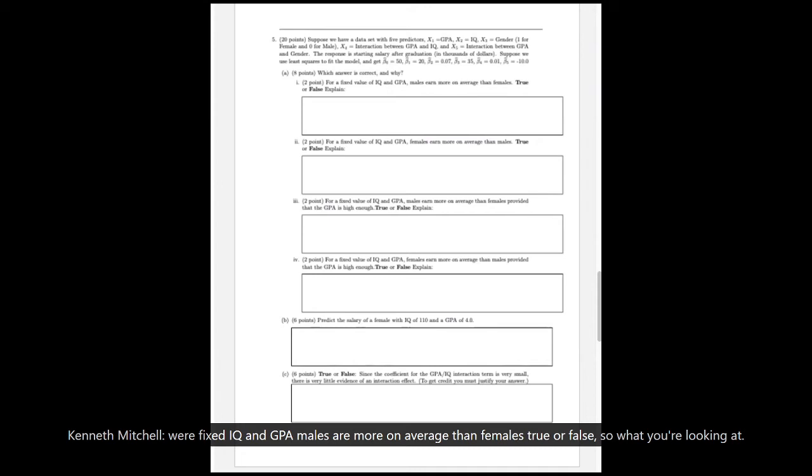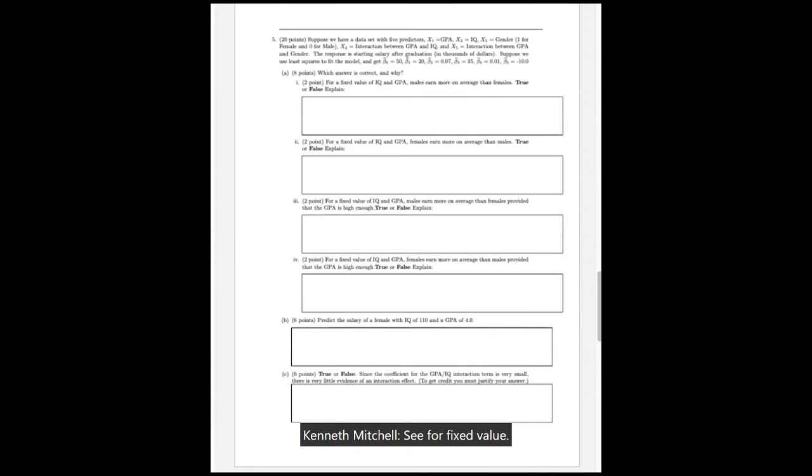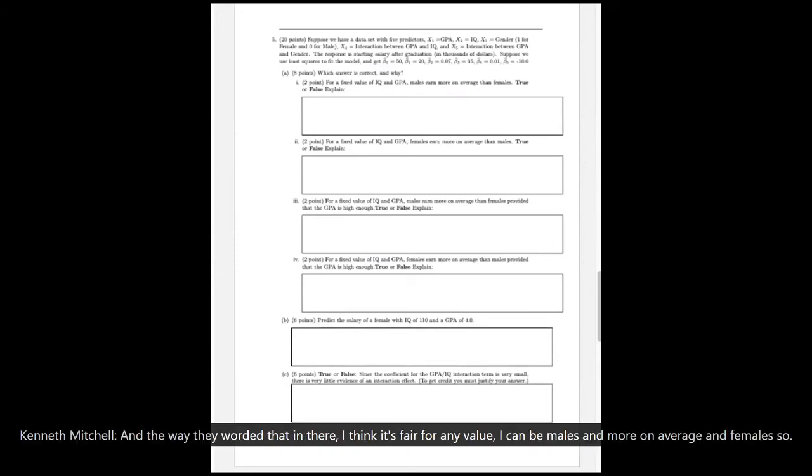So what you're looking at, again, this is one of the textbook questions. The way they worded that in there, I think, is for any value of IQ and GPA, males earn more on average than females.